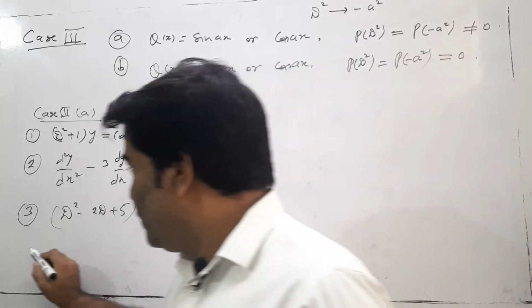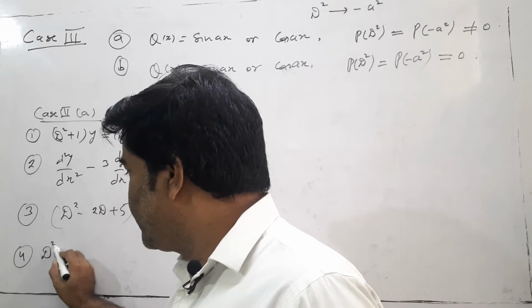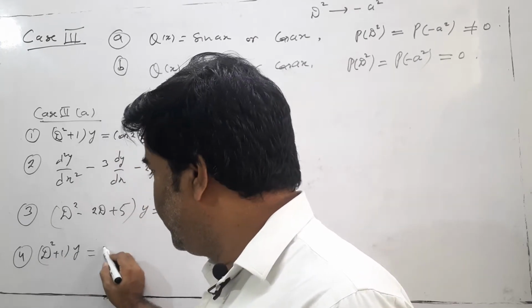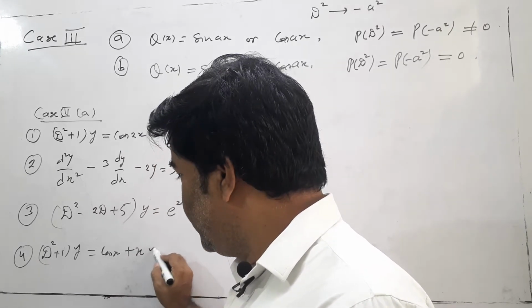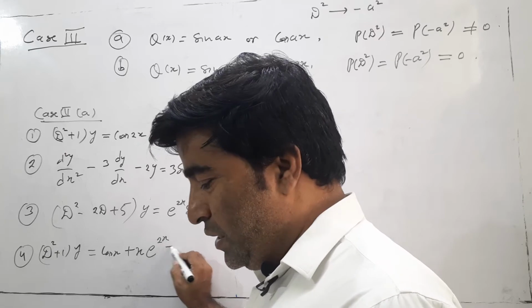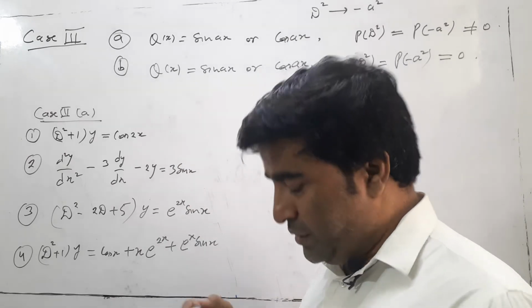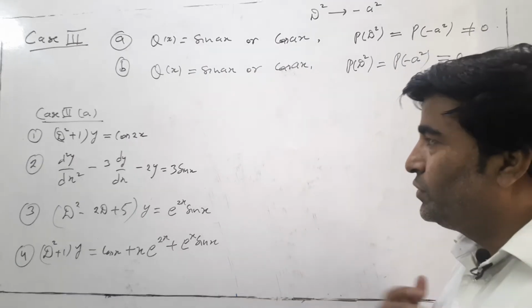And question number 4 is (D square plus 1) y is equal to cos x plus x e to the power 2x plus e to the power x sin x. So here we solve 4 questions.